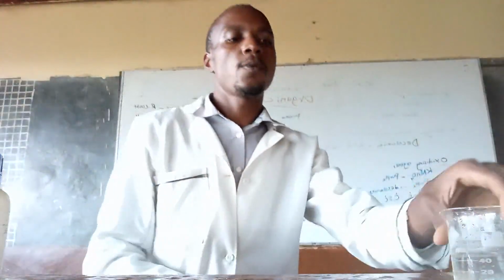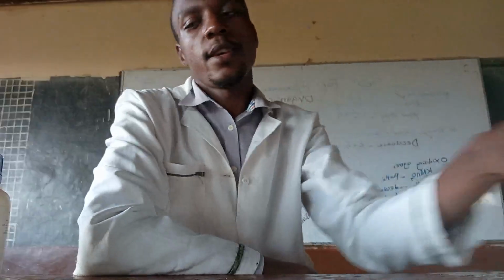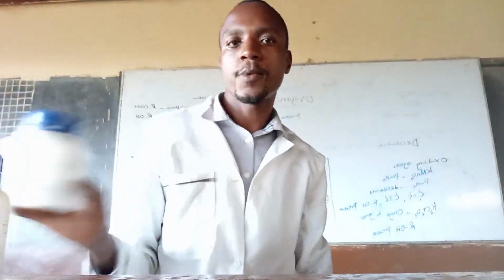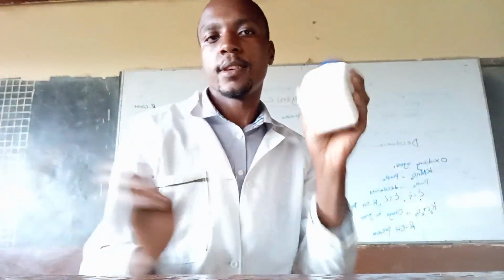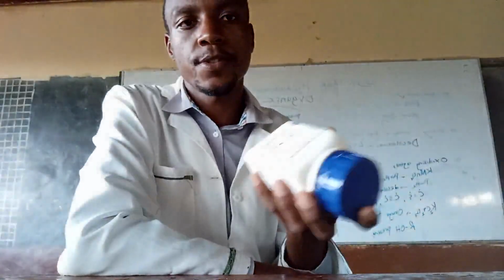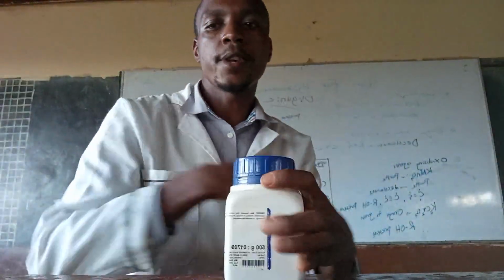So we are going to test for the presence of these anions, and we are starting with this chemical here, which is used to test for the presence of anions. It's called barium nitrate.